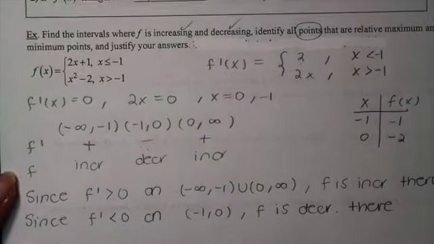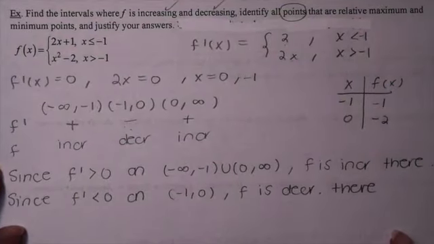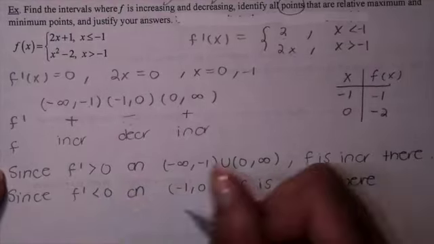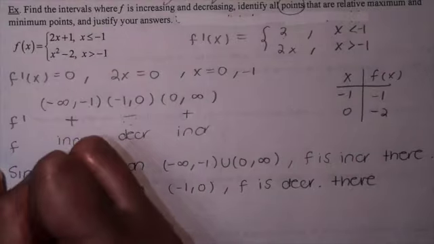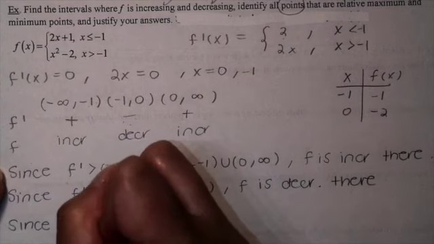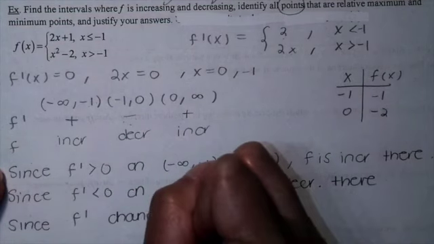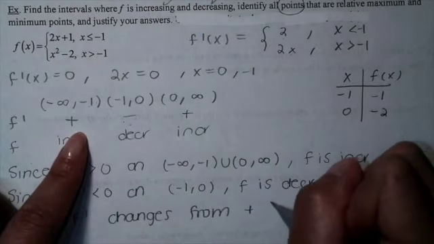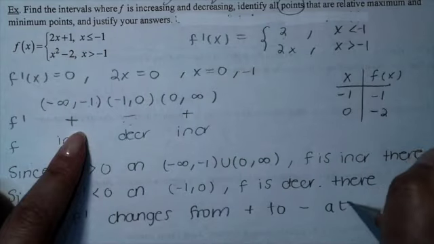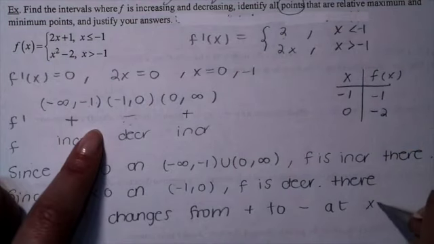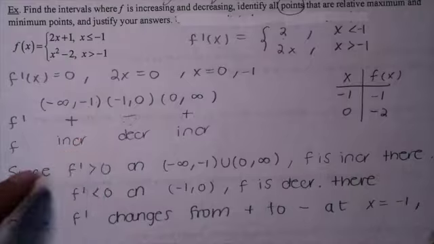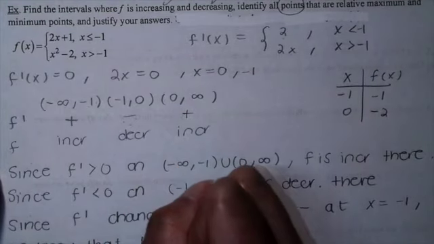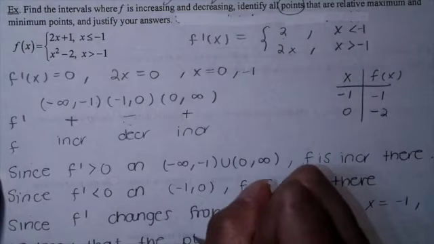Now we want to see the points where you have a relative maximum and relative minimum. So what can you say here? Since f prime changes from positive to negative at x equals negative 1, we know that the point, what was the point?